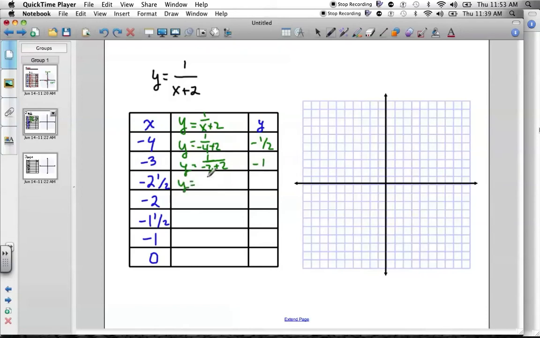When we put in -2.5, negative 2.5 plus 2, you get negative a half. 1 divided by negative 1/2, you get negative 2. When you put in negative 2, you're going to end up with 0 in the denominator again, and so this is undefined.